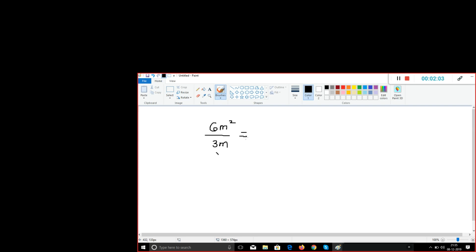Just divide 6 and 3. So you have to give me the answer, like divide these expressions. Okay. Try to divide this, give me the answer.